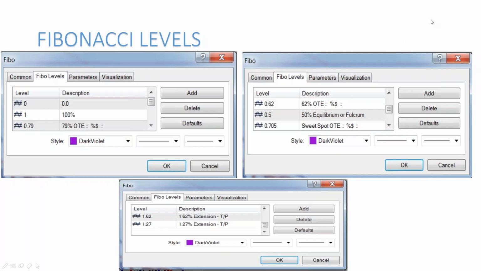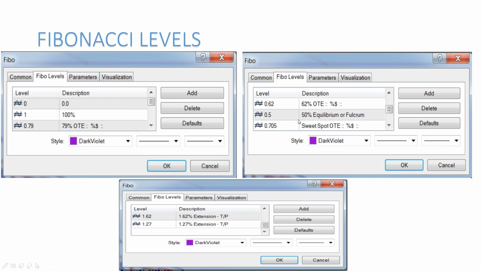Okay, so the Fibonacci levels that I use are going to be, if you take your Fibonacci and you replot the levels, I've got 0, I've got my 100 level, 79 optimal trade entry. This is a great spot where you see a lot of price action reaching that 79% optimal trade entry and turning around, or it reaches the sweet spot, which is 70.5.